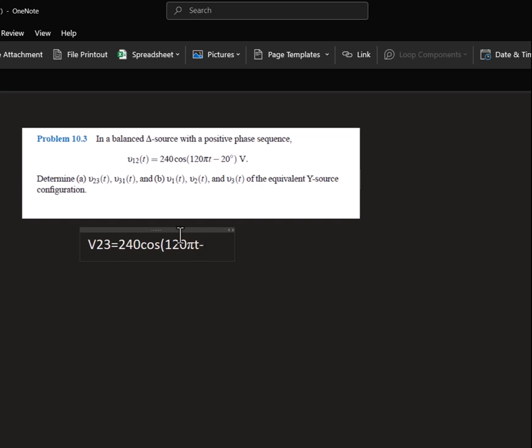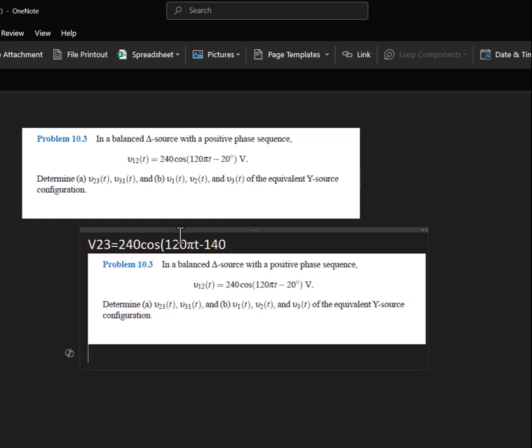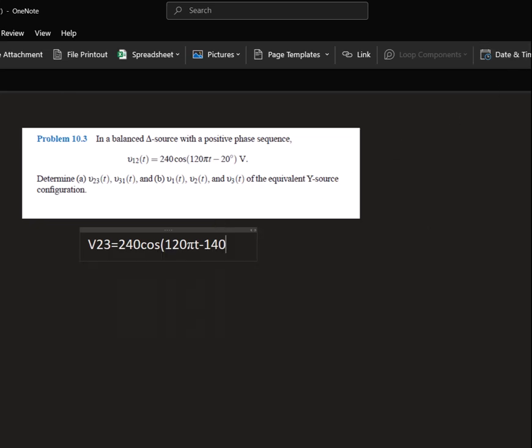So it'd be 140 degrees, volts. And then V31, we add it. So we'd have 240 cosine 120 pi t plus 100 degrees.